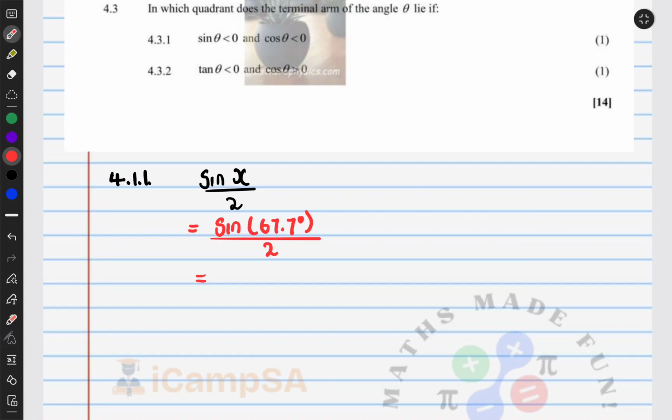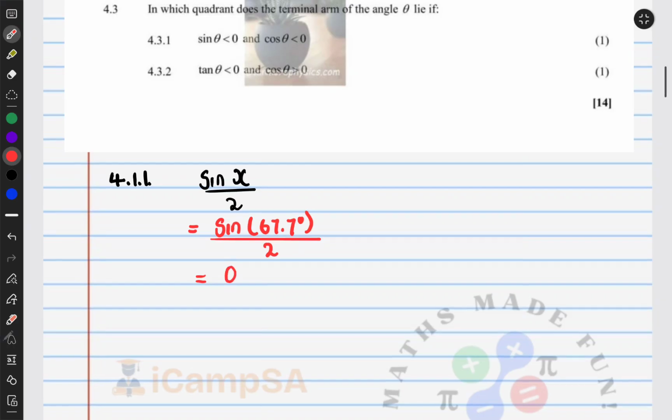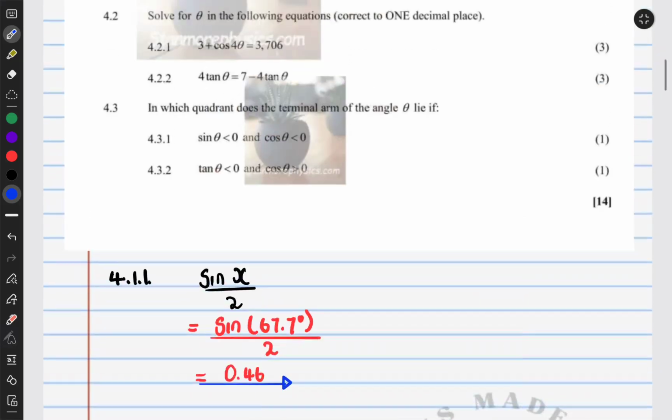Then you punch that in your calculator, sine 67.7, and make sure that your calculator is in degrees when you are doing this. So the answer is 0.46. That is your answer to 2 decimal places.